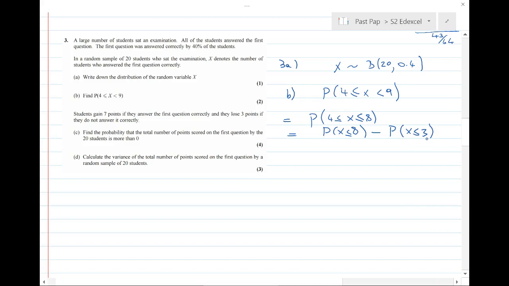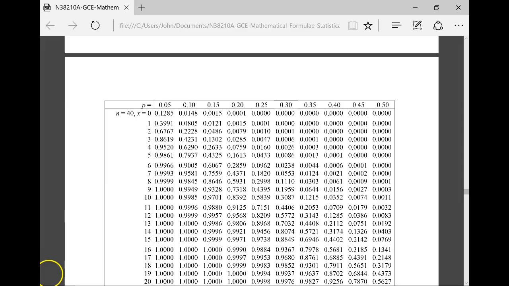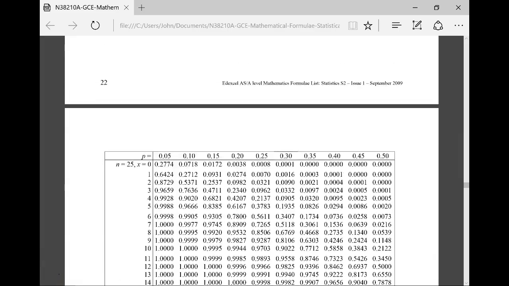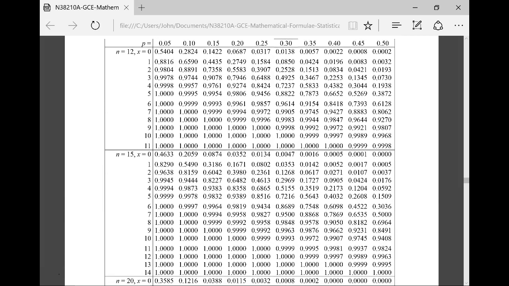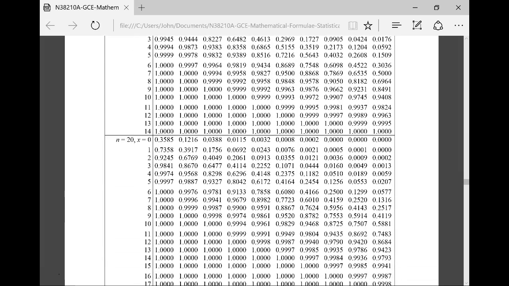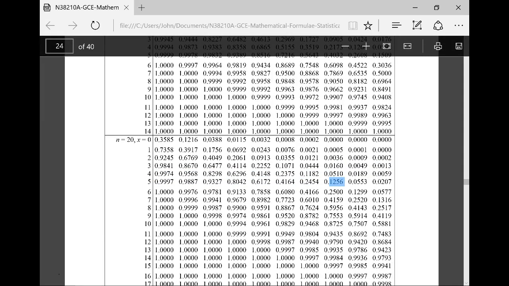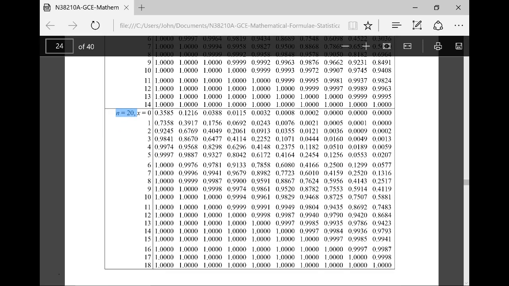So let's go to the tables for binomial 20 to look for these numbers. Okay, scrolling back, make sure we've got the right number. It's so easy to look at the wrong thing here. We're looking for 0.4, which is this column here, and it's definitely binomial 20, and we are looking for the numbers 8, which is 0.5956, take away the 3, which is 0.0160.